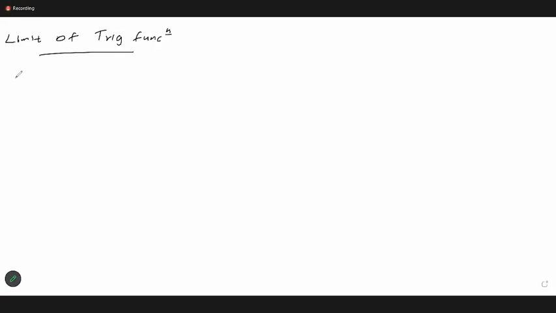In an earlier day, we learned some basic concepts of computing limits. Then we understood some properties of the limits. Then we can apply those properties to computing the limits.